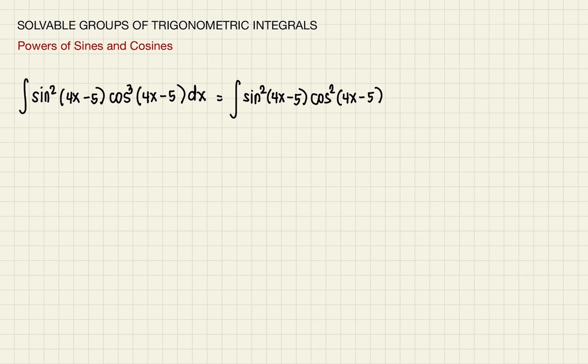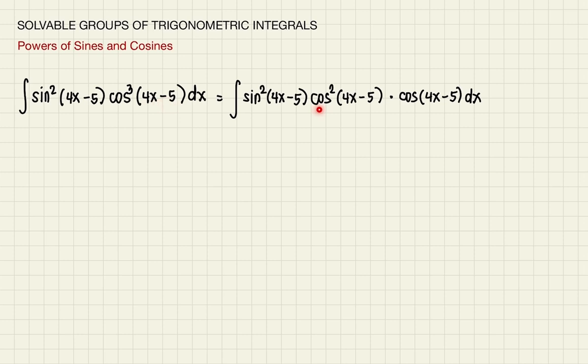So why are we subtracting 1 from the odd exponent? Because what we want to do is to separate it. So we're simply going to factor 1 out. So we just write here cosine of 4x minus 5 dx. So why are we isolating this cosine of 4x minus 5 from cosine cube of 4x minus 5?